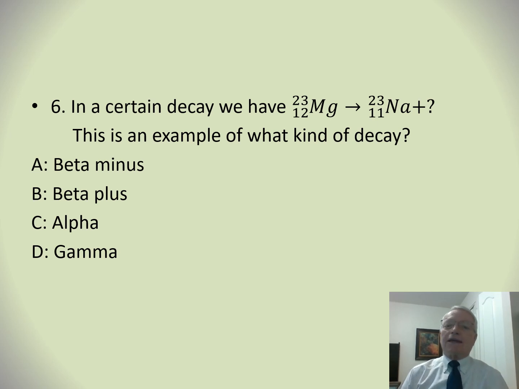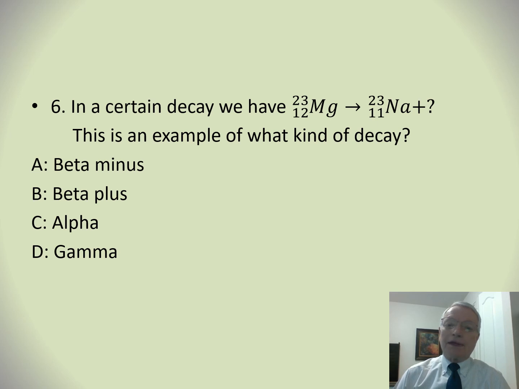In a certain decay, we have magnesium 23 going to sodium 23 plus something. This is an example of what kind of decay? Okay, well, so 23 to 23, that means neutron and proton numbers stayed the same.